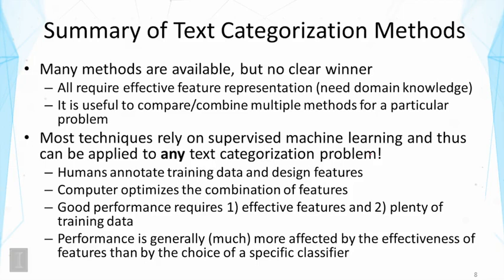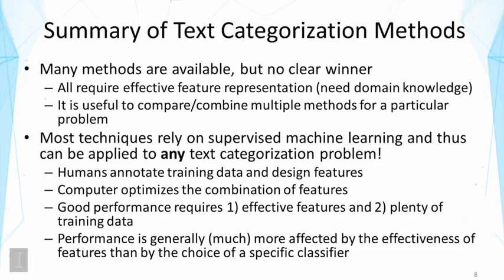As long as we have humans to help annotate some training data set and design features, then supervised machine learning and all these classifiers can be easily applied to those problems, to solve the categorization problem, to allow us to characterize content of text concisely with categories, or to predict some properties of real-world variables that are associated with text data.